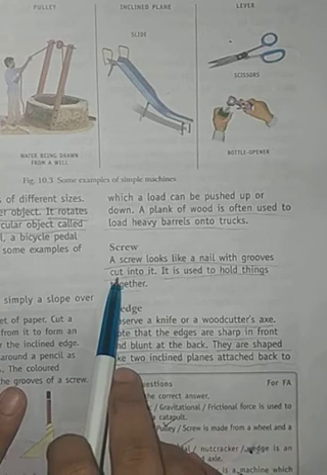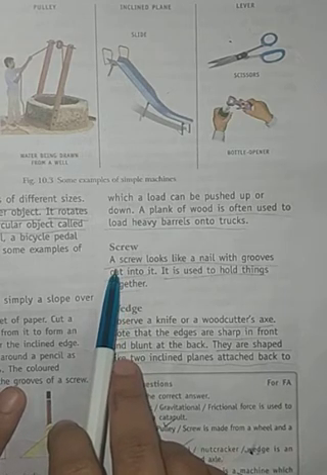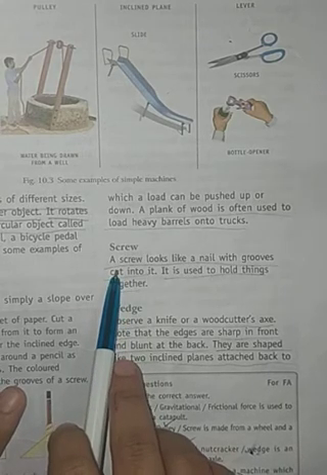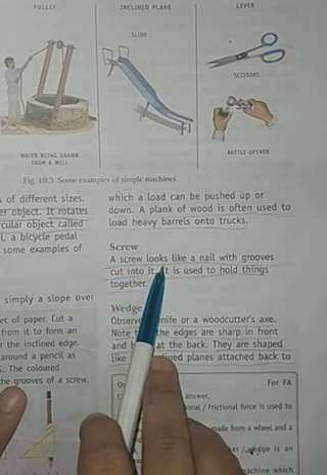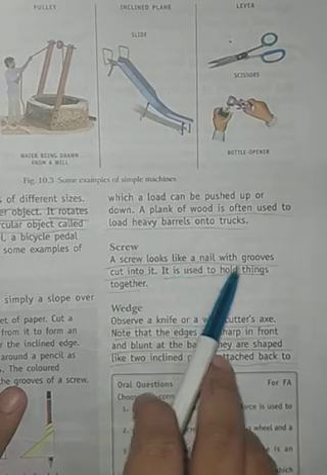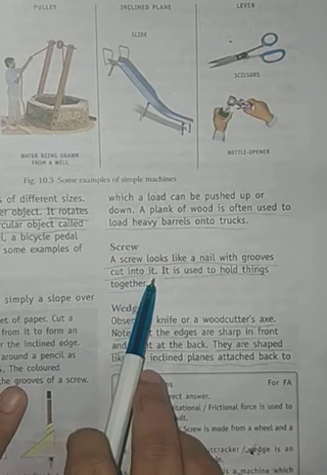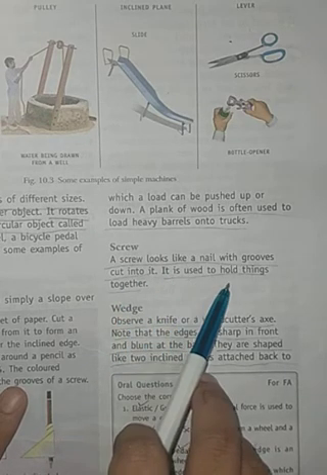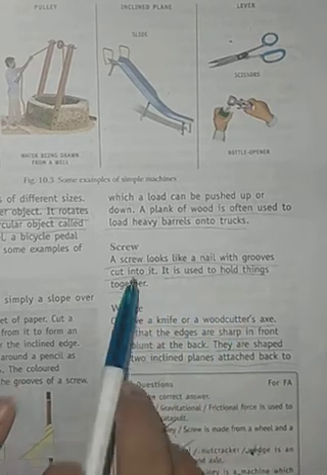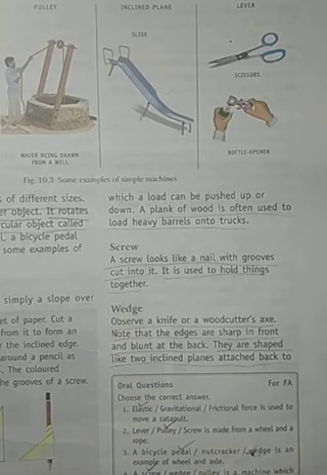Now, first coming to the topic screw. What is written in the book? A screw looks like a nail with grooves cut into it. It is used to hold things together. You may have seen screws many times.